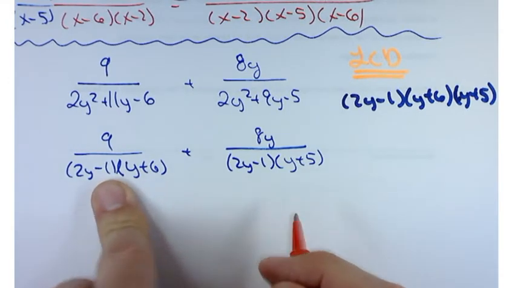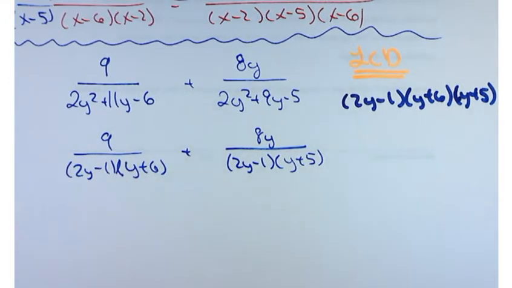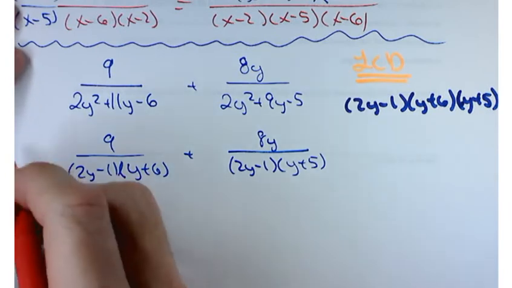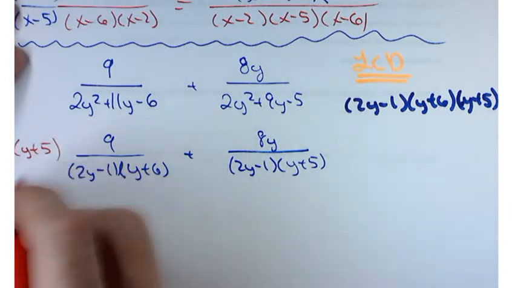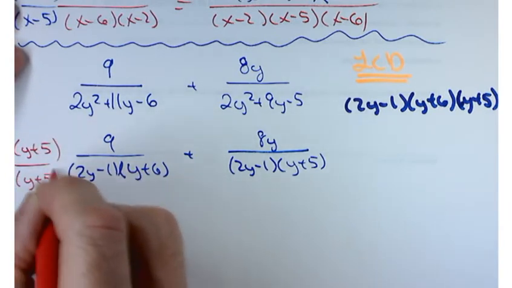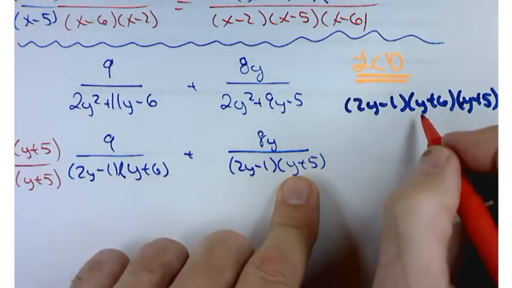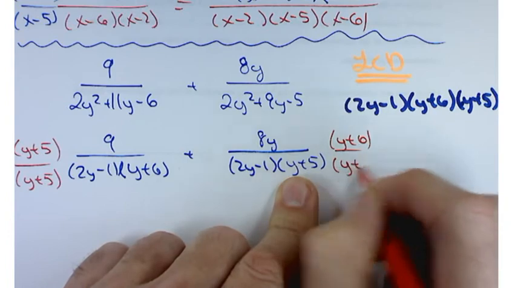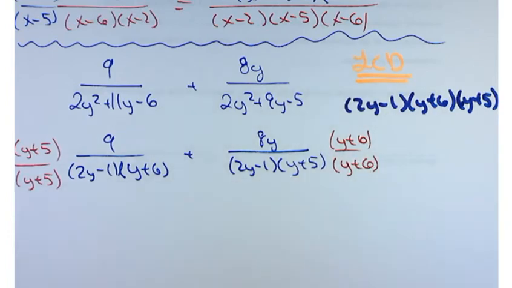Taking a look at the first term, what's this one missing that I have as part of my LCD? Good, the y plus 5. Y plus 5 over y plus 5. And over here, I'm missing y plus 6. So I'll multiply both of those two in.